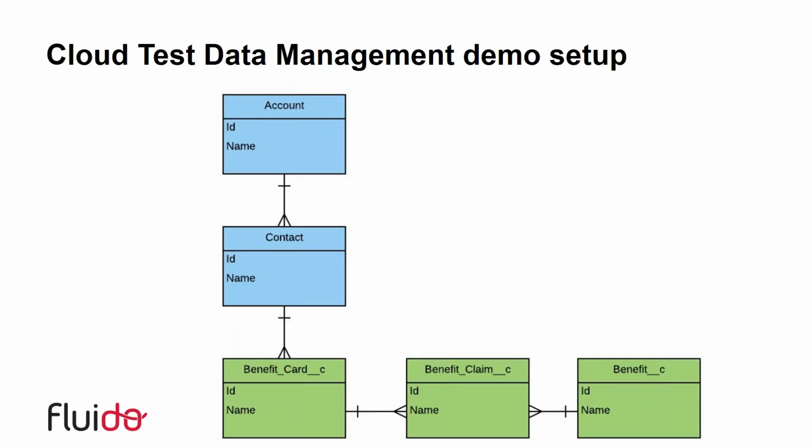So I have few thousand of each. Maybe the highest volume is in the benefit claim, as it's sort of usage history, time-stamped usage history object. So with that, I will show now in my production and sandbox environment the setup.